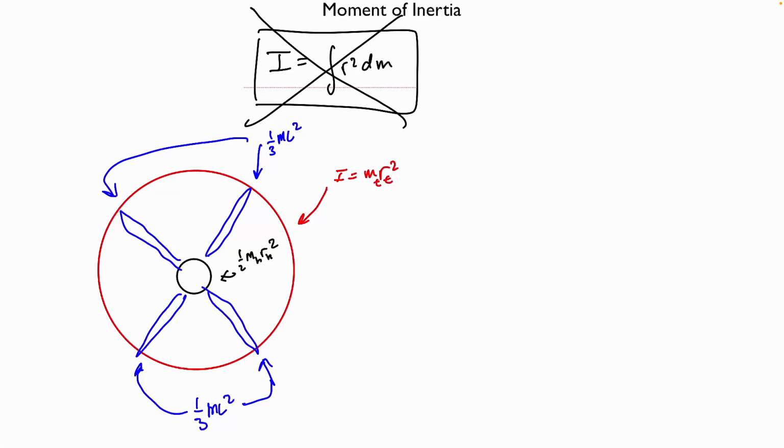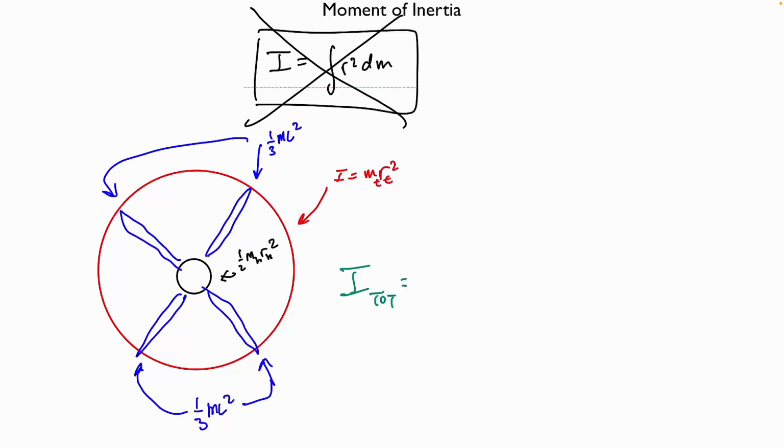So the total moment of inertia for this wheel is the integral of all of these things. In other words, you're not going to do an integral, but you are, because you're going to add them up. This is exactly what you can do. We're going to do this in the lab eventually.